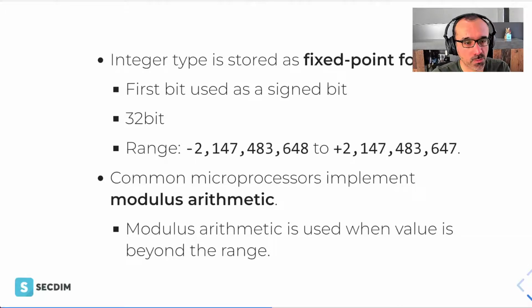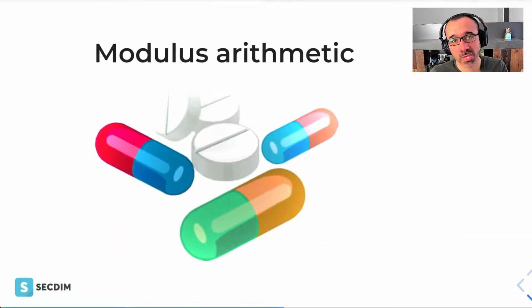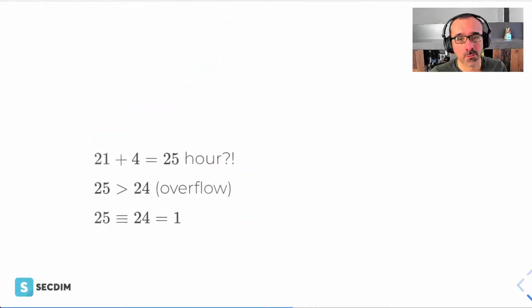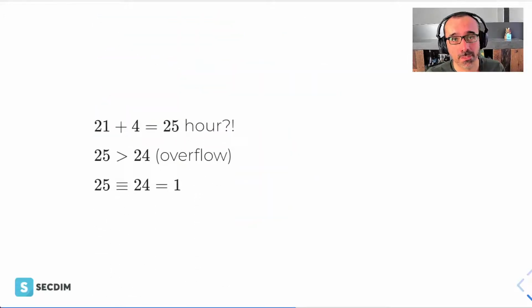What is modulus arithmetic? Surprise, we actually use it on a daily basis. Suppose I go to a doctor and she prescribes me to take a medicine every 4 hours. If the time is 9 p.m. now, I know quickly that the next time I need to take this medicine is 1 a.m. What I actually did in my brain was modulus arithmetic, because 9 p.m., or 21, plus 4 equals 25.